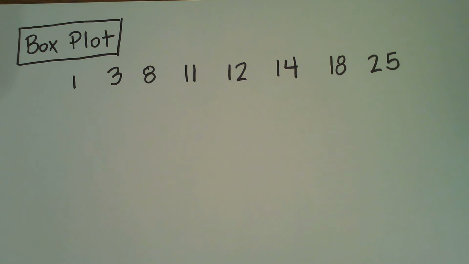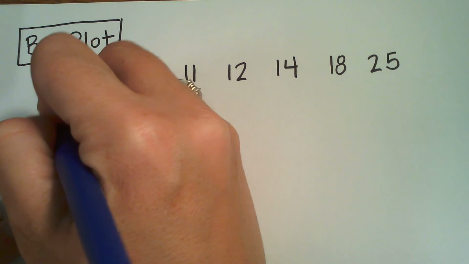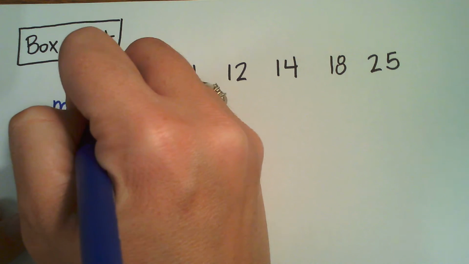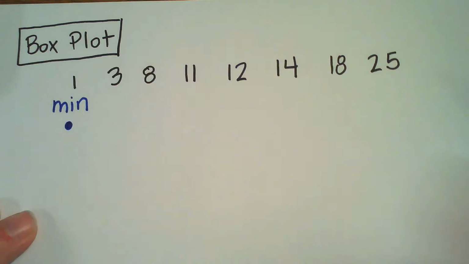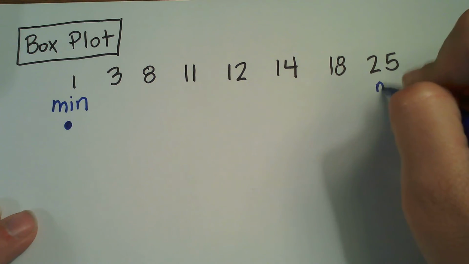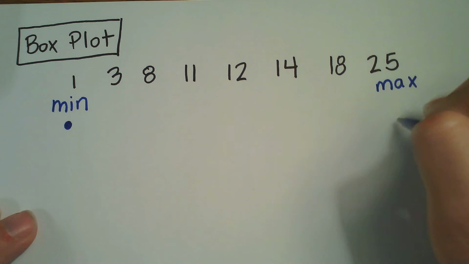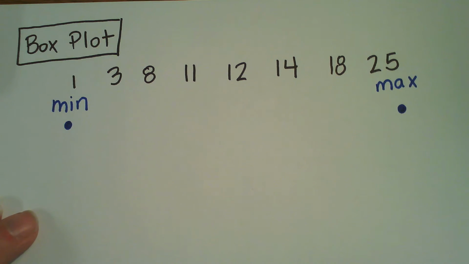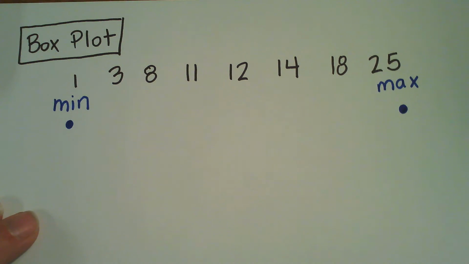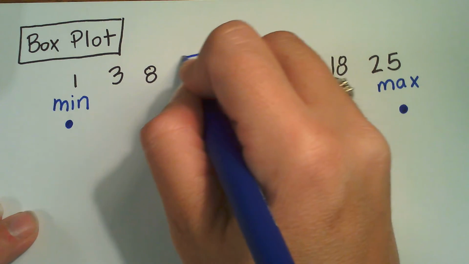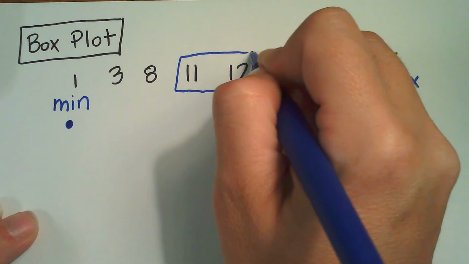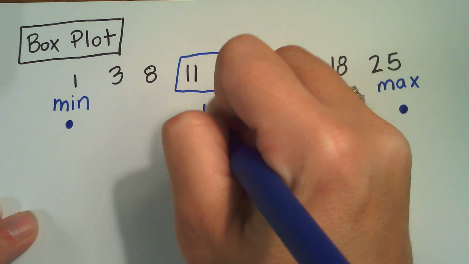And I'm going to have to find 5 different things. I need the minimum, which will be a dot. I need the max, which will be a dot. We just found that the median was 11.5.